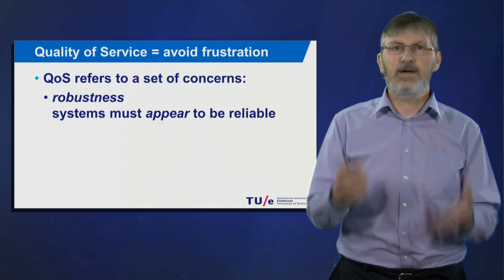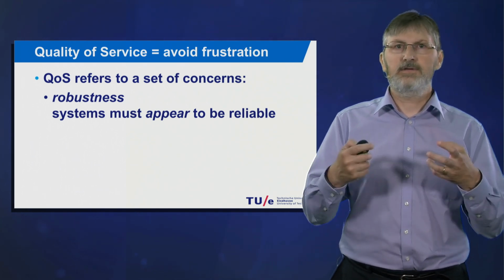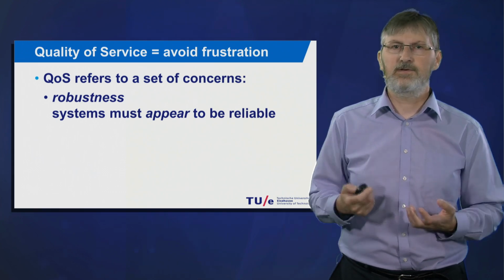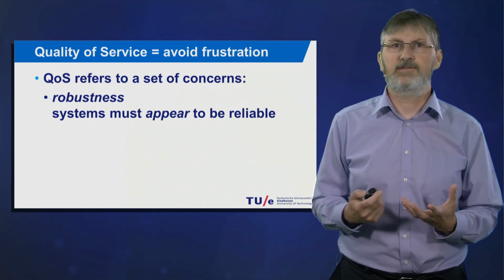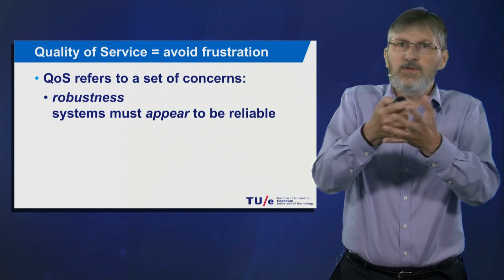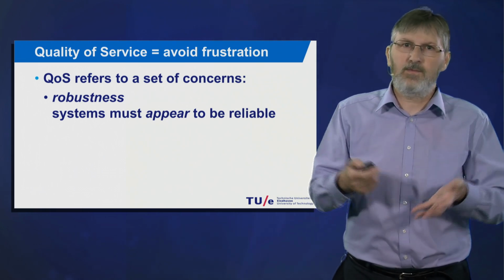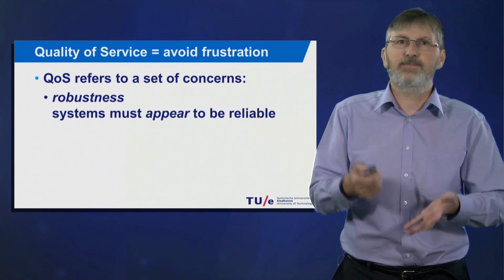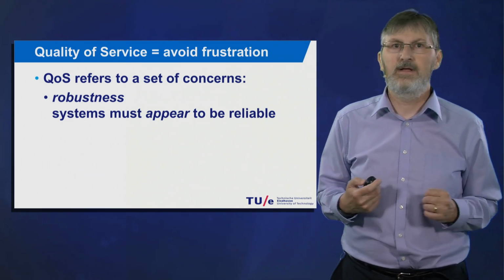It is nowadays not acceptable that something that uses computer software crashes. We are so used to things crashing that we think this is normal. No, we should never accept crashes to be normal.